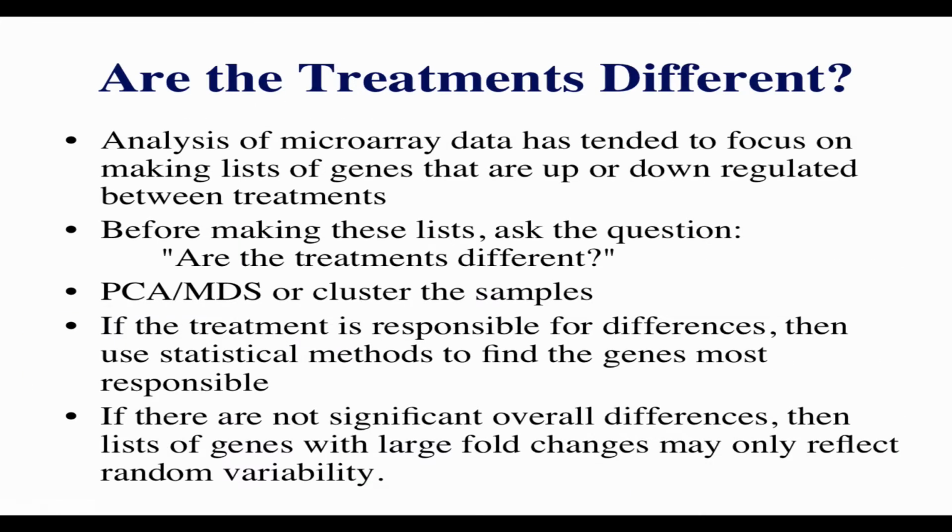So the first thing you'd like to do after you've got normalized data sets is ask a simple question: are the treatments different? Rather than jump immediately into the differential expression analysis, you'd like to know, do I have a reasonable expectation of finding differentially expressed genes? One of the simplest ways to do that is a clustering of the samples. PCA, MDS, hierarchical clustering.